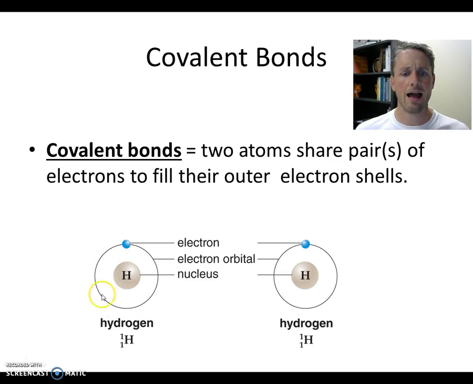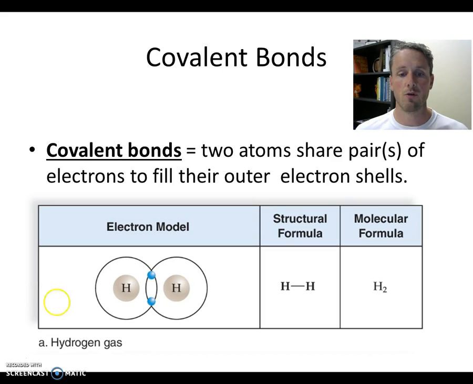Again, atoms prefer to have a full outermost shell. So hydrogen would like to have 2 electrons in this electron shell. One way that we can accomplish that is to share these 2 electrons between 2 hydrogen atoms. And when we do that, we'll form a covalent bond.